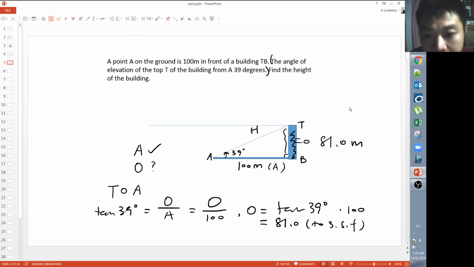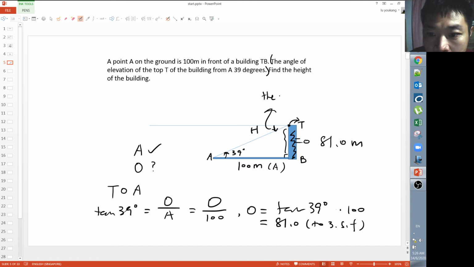This will be your angle of depression from T. You draw a horizontal line, and angle of depression is from the horizontal line go downward, right? So this will be your angle of depression from T to A.